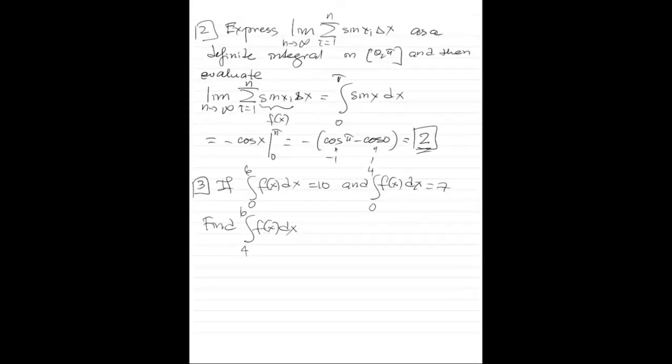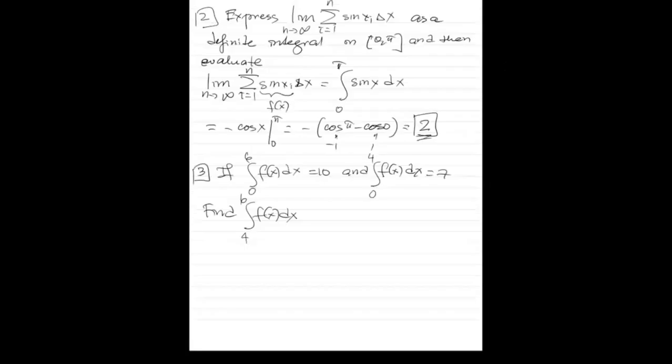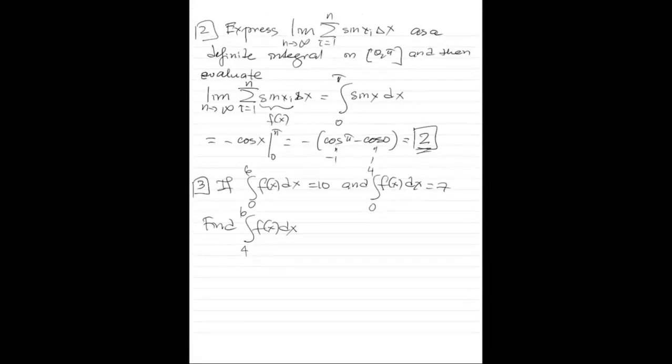Using the properties of definite integrals, I will write down the property so we can review it. Here's the property: the integral from a to c of f of x dx, plus the integral from c to b of f of x dx, is equal to the integral from a to b of f of x dx.